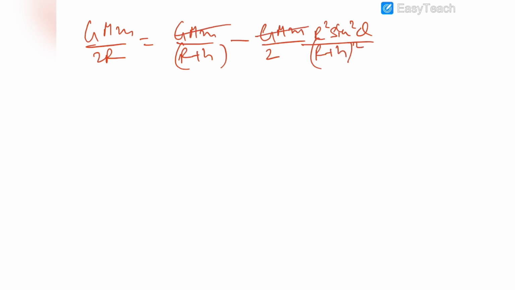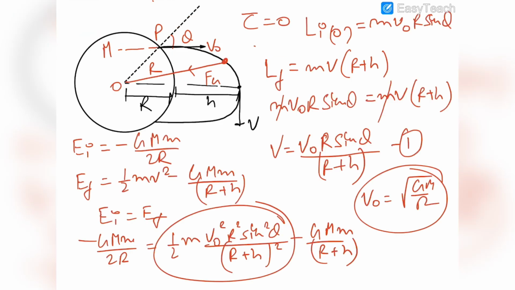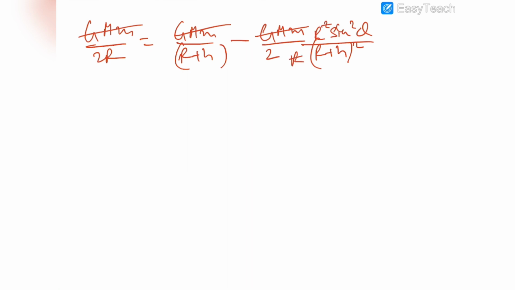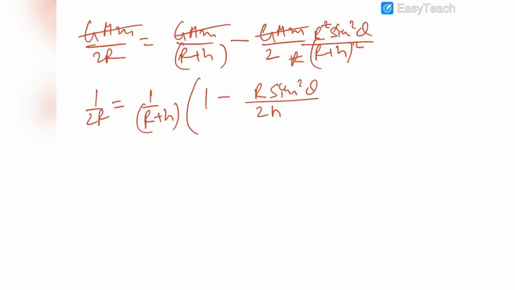Cancelling GMm with GMm, and there is an R also, so cancelling this R with R. So 1 upon 2R will be equal to 1 upon R plus h, which is common, and here will be 1 minus R sine square theta by 2(h plus R). If we solve this, it would not be a quadratic equation.